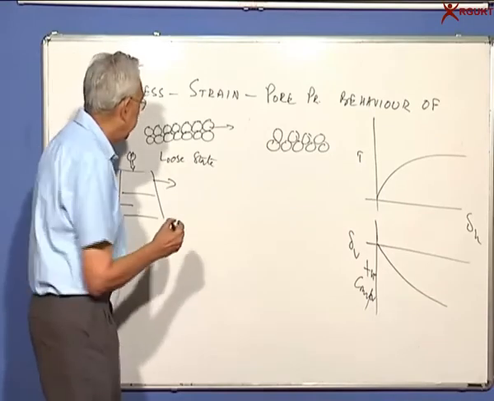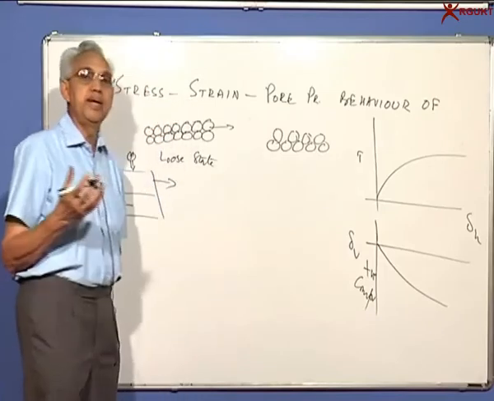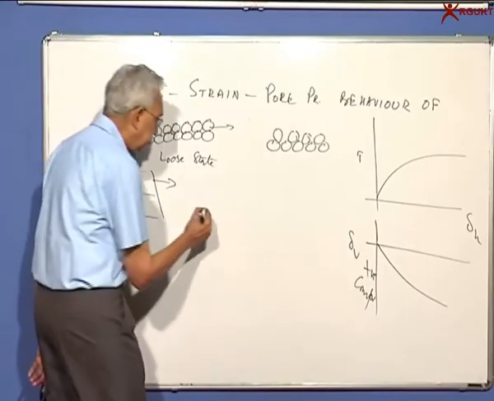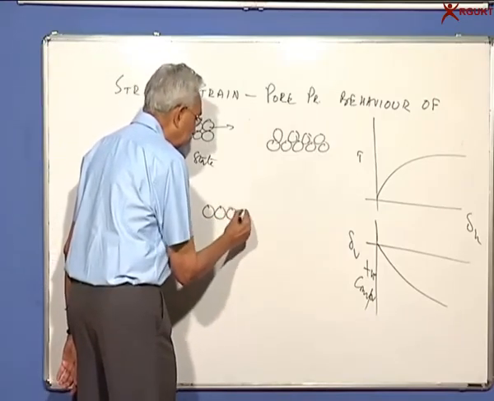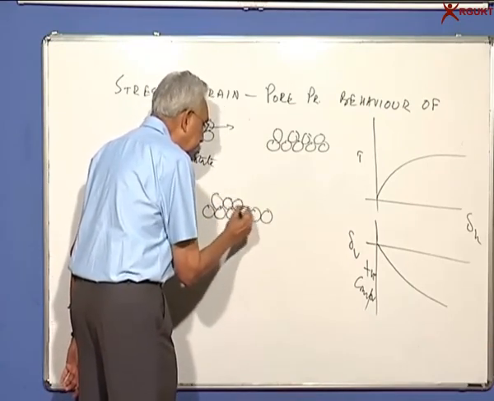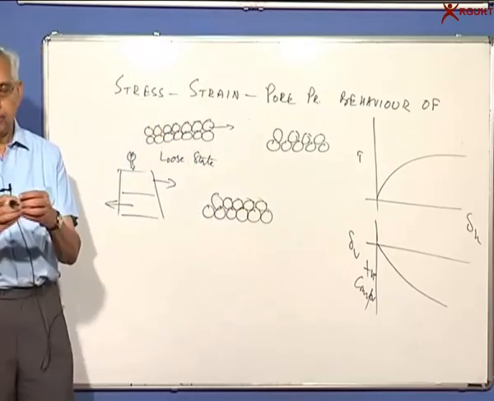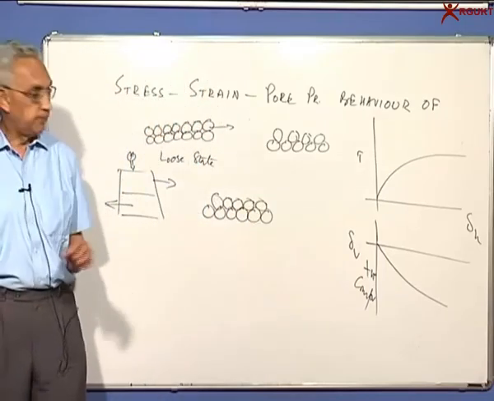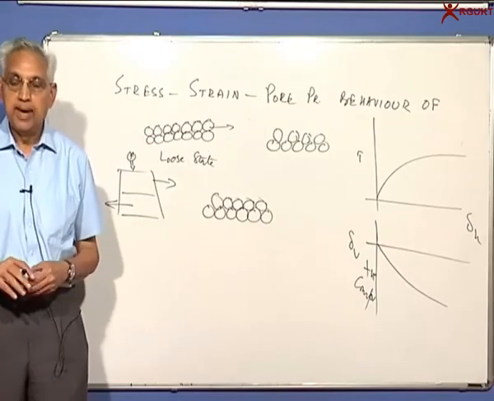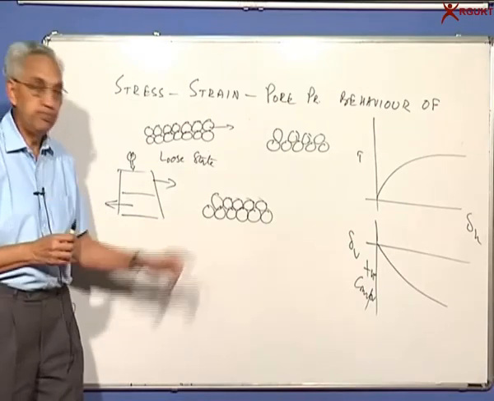But if you repeat the same test with a dense soil, how do we get a dense soil? The best way to visualize that would be, we'll put the particles in the valleys of the lower layer. So you first put a series of spherical particles here, and then you put the next row inside the valley of each.